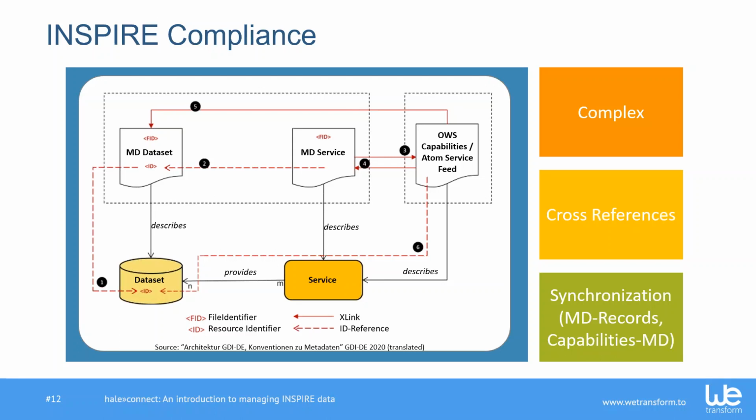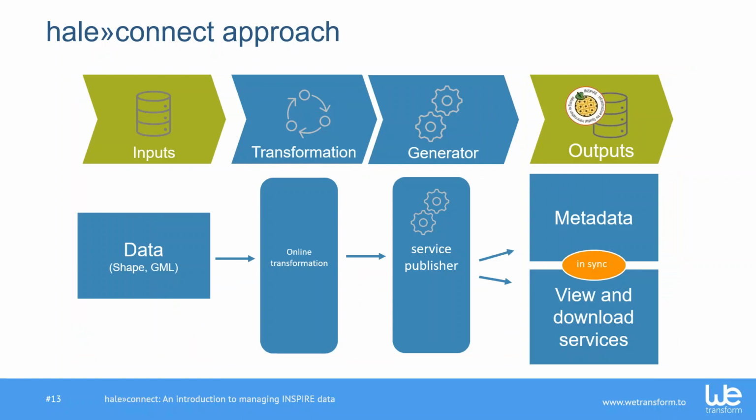The good news is that all of these resources can be quite easily created in Hale Connect. So this is the Hale Connect approach. Really, the user starts off with their data. It could be in various formats, could be a shapefile, you could have GML, XML, a CSV file. You start with your source data, then we run an online transformation.